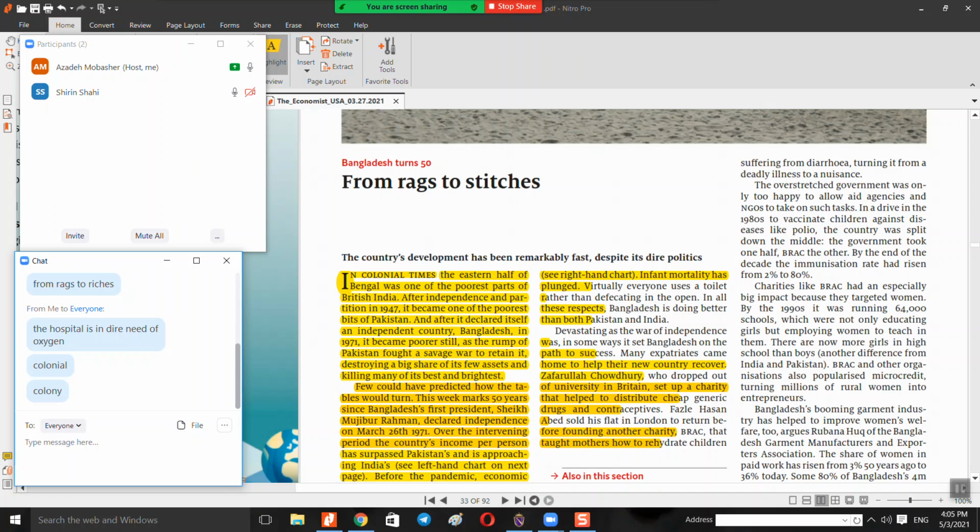After independence and partition in 1947, it became one of the poorest bits of Pakistan. After independence and partition. What does partition mean?